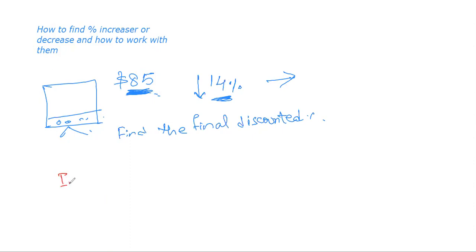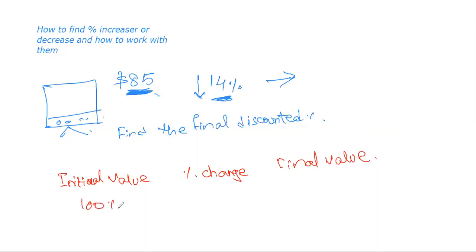You have initial value, you have percentage change, it can be increase or decrease, and then you have final value. Right? The initial value is always 100%.